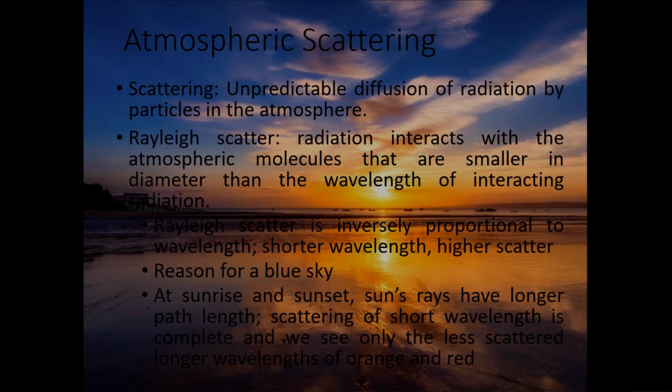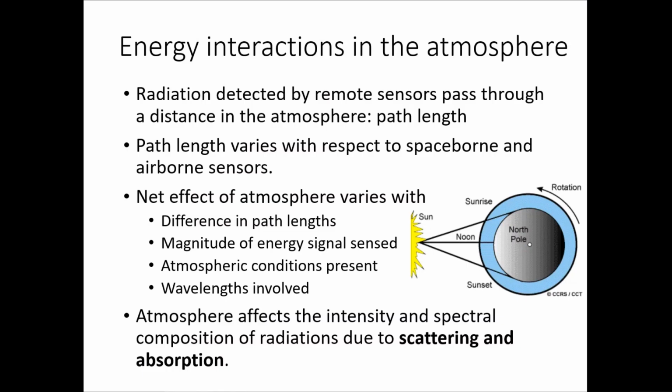In between this, it can be redirected from its original path. That process, the unpredictable diffusion, is called scattering. How much scattering takes place depends upon several factors, including the wavelength of the radiation, abundance of the particles or gases, and distance the radiation travels through the atmosphere, the influencing factors that we saw just before, right?